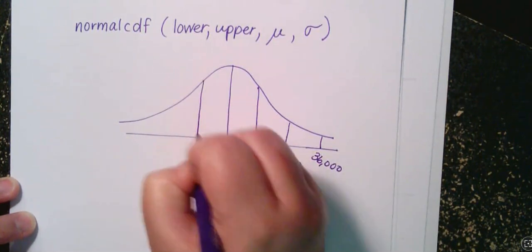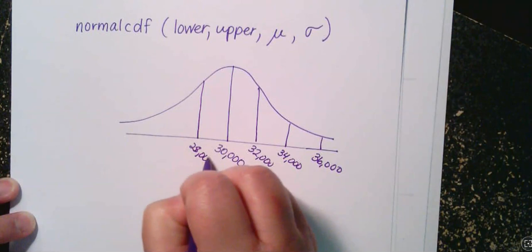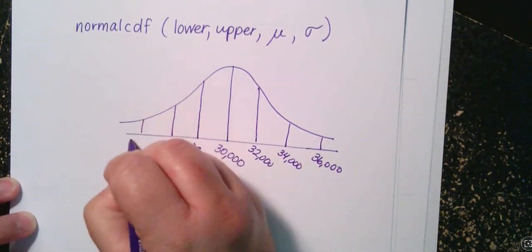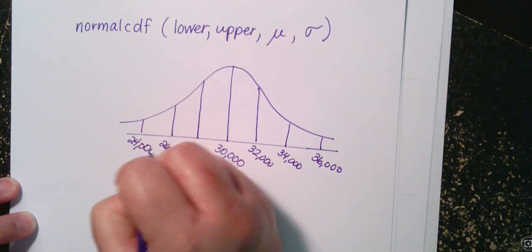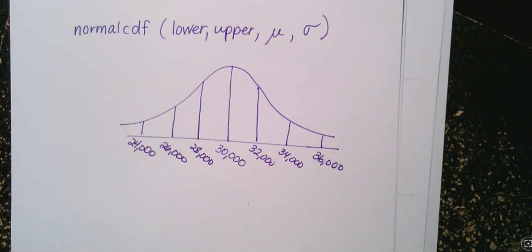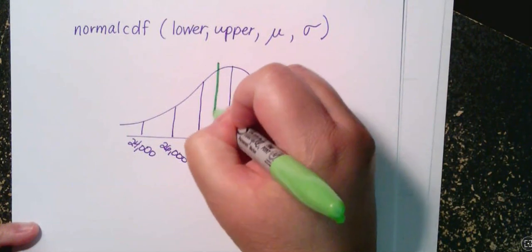And on this side, we have 28,000, 26,000, and 24,000. Okay, so now they are asking me what percentage of the life of tires, and I guess if we're talking about a whole bunch of tires that have died, what percentage of them would have a life less than 29,000 miles. So 29,000 is about right here.